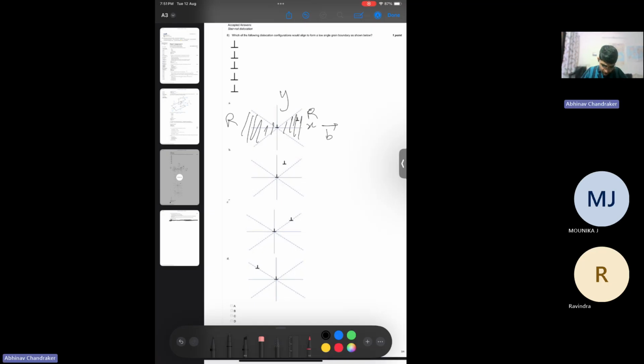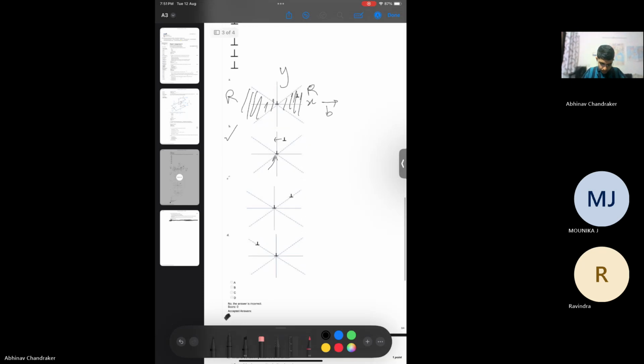So this one will be the right answer, because the shear stress due to the dislocation at the center will cause the other dislocation to move towards the same YZ plane as the first dislocation. So it will move along x and it will pile up.